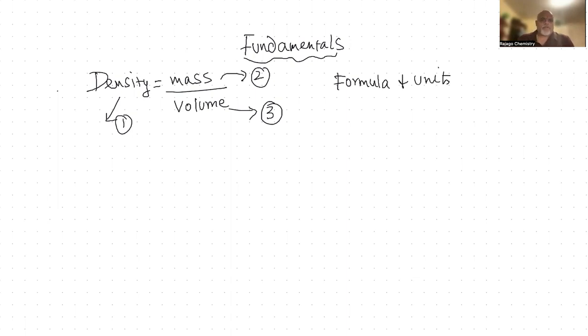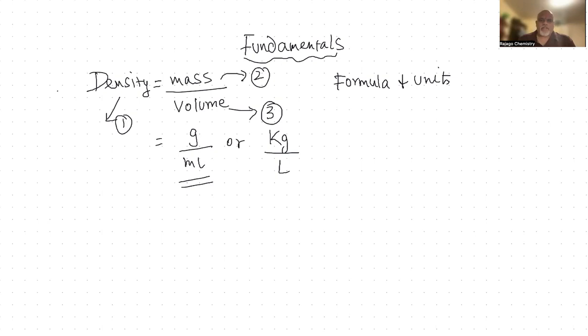The unit for mass is grams, and volume can be written as milliliters. So the unit for density can be represented as gram per milliliter, or it can be represented as kilogram per liter. It can be represented any way. But you can interchange this formula.